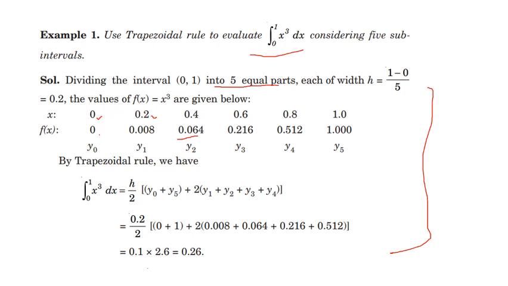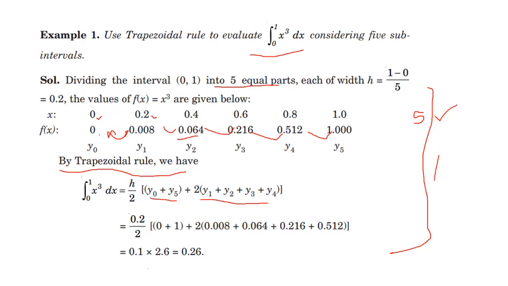And if you want to use the trapezoidal rule, how many times are you using it actually? The number of strips: 1, 2, 3, 4, 5. You are using the trapezoidal rule 5 times, then you will get this formula, that is y0 plus y5 and so on.